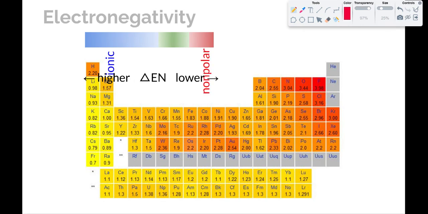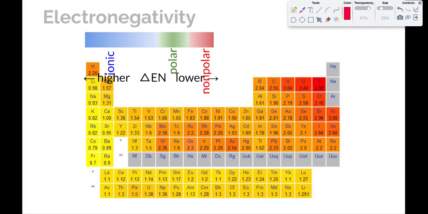On the other end of the scale, the differences are so small that the electrons are pretty much equally shared by both ends of the bond, and those are nonpolar bonds. In the middle are covalent bonds with unequal sharing. They're not so unequal that it's ionic, but there is a charge differential, and those are our polar bonds.